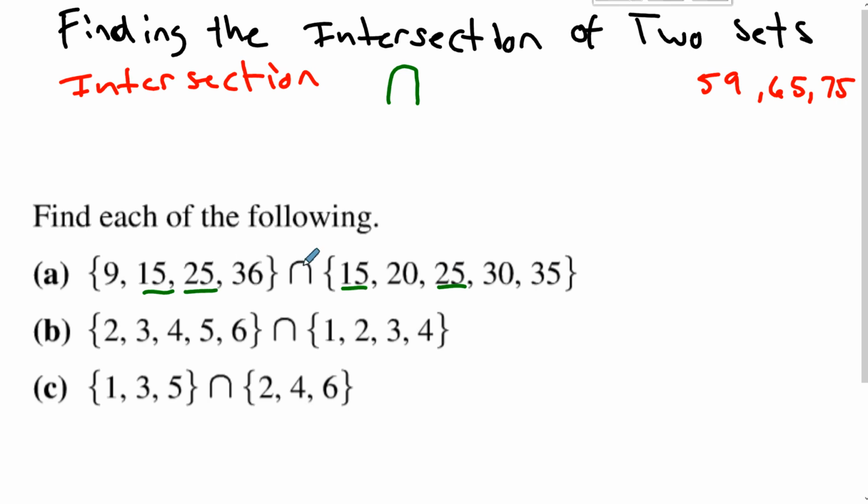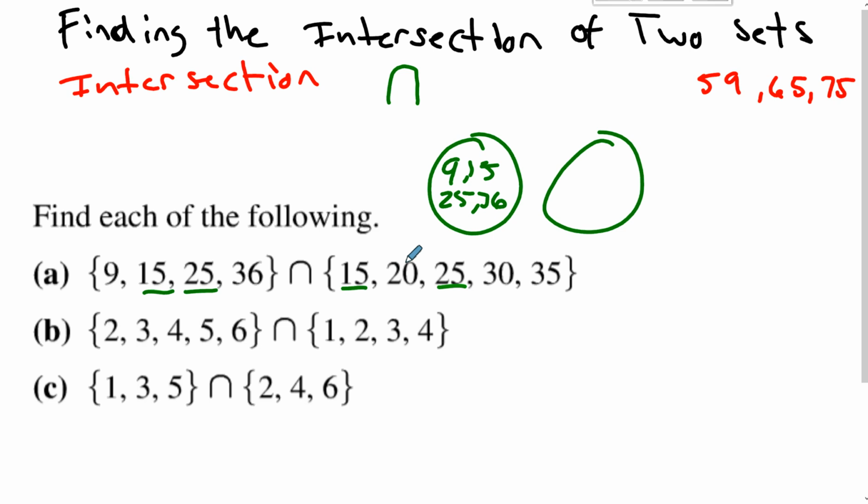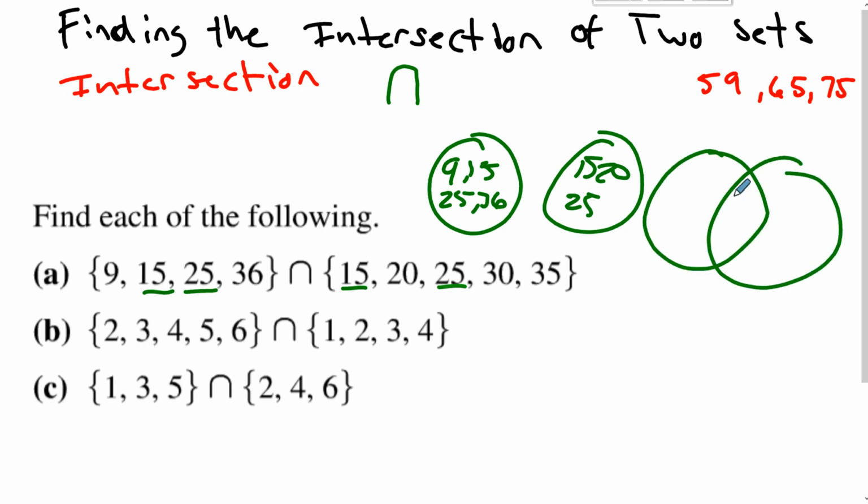So for the intersection between these two sets, here's the first set in a Venn diagram: 9, 15, 25, and 36. Then you have the second one: 15, 20, and 25. What the Venn diagram would look like is there would be overlapping. The overlapping would be 15 and 25, and all the rest would be out here and out here.